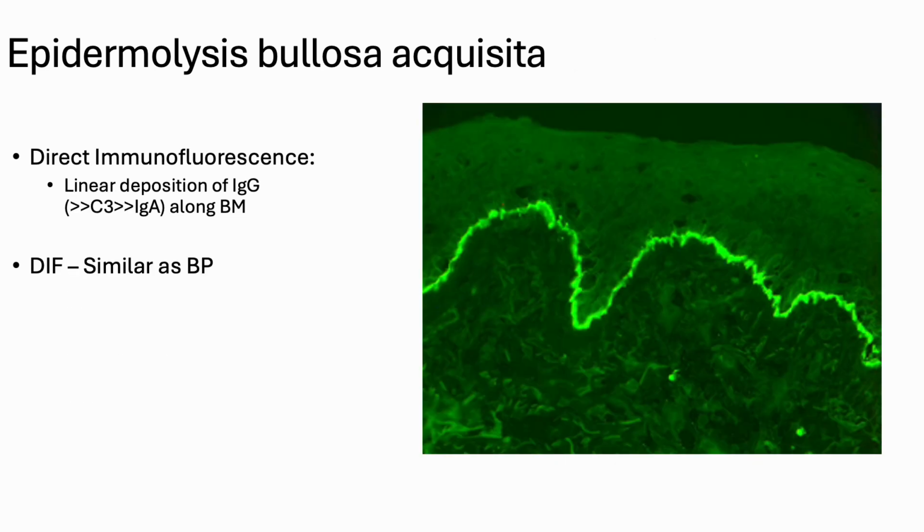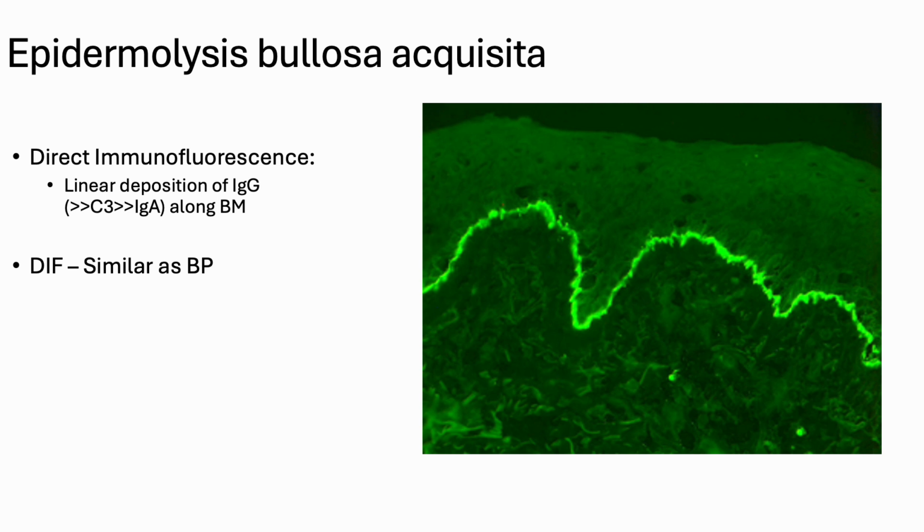Here is the direct immunofluorescence. You can see linear deposition of IgG along the basement membrane. It is very similar to bullous pemphigoid. One little feature may give you a hint: if you have both IgG plus C3, that is more likely BP.